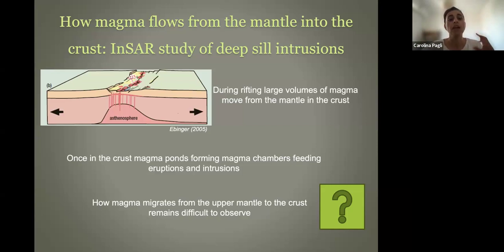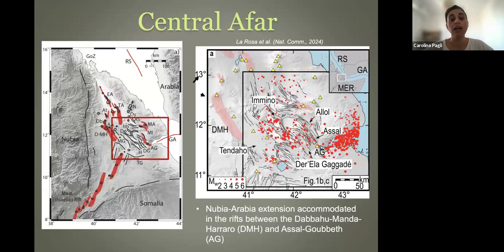We never see it. We have a fairly good understanding of how magma ponds in the crust at different levels, but how magma really goes from the mantle into the different levels of the crust remains very difficult to observe. I'm going to show you a study, one of the few, to my knowledge, that has studied this process.